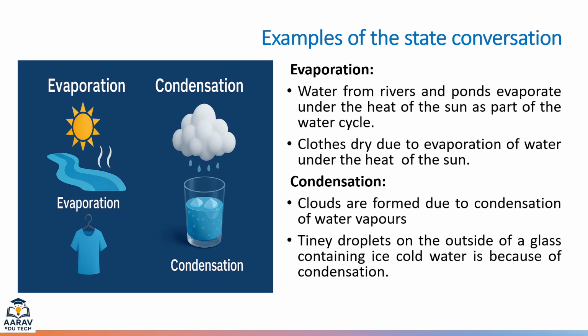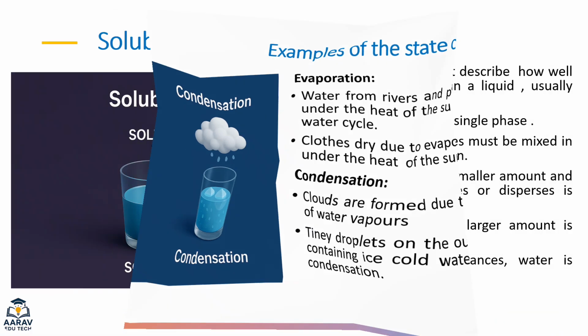Condensation is the reverse process, when water vapor turns back into water droplets. Clouds are formed because of condensation, and when you see tiny droplets on the outside of a cold glass, that's also condensation happening.